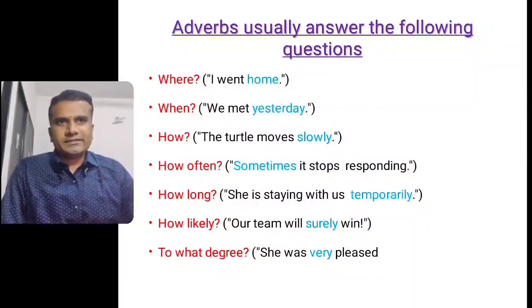In the next sentence, that is we met yesterday, here when we ask question using when, you will find the answer is given by an adverb. This is how. In the following sentences too, you will find when the questions are asked using how often, how long, how likely, to what degree, the answers are given by the adverbs.